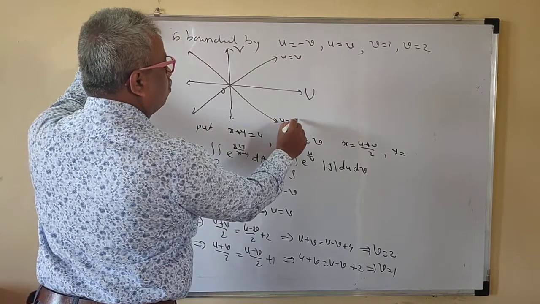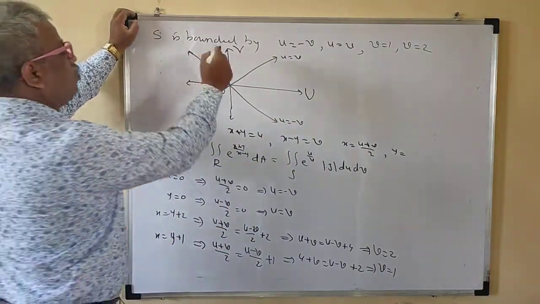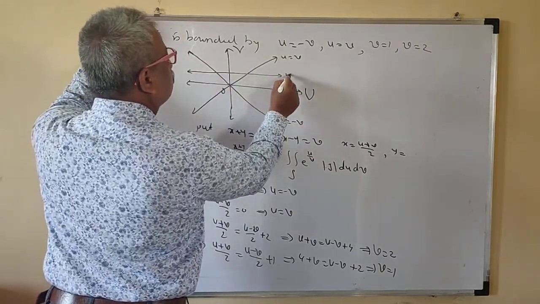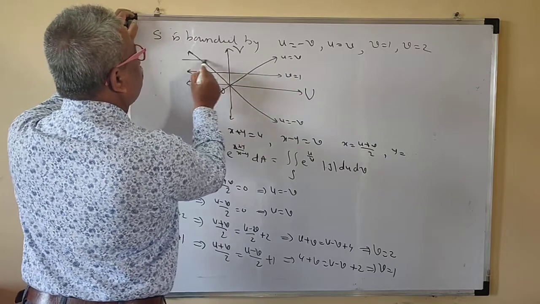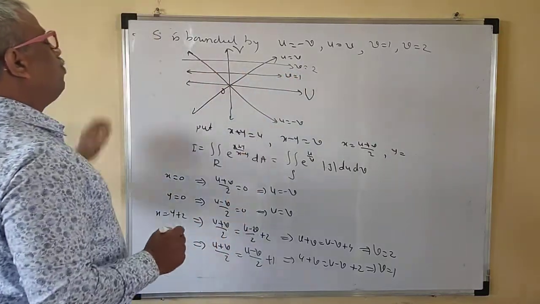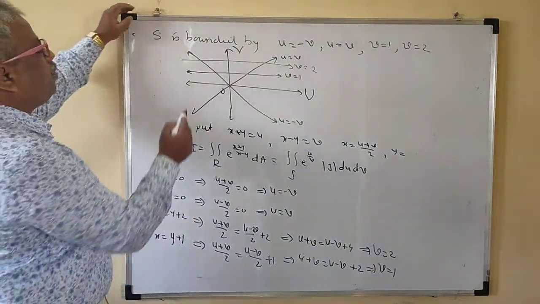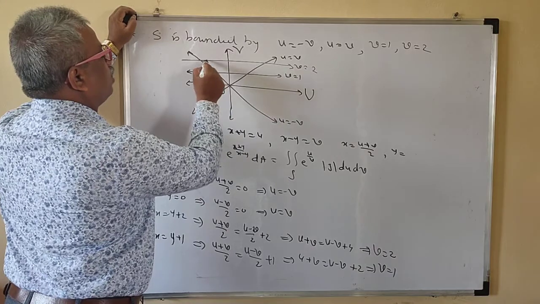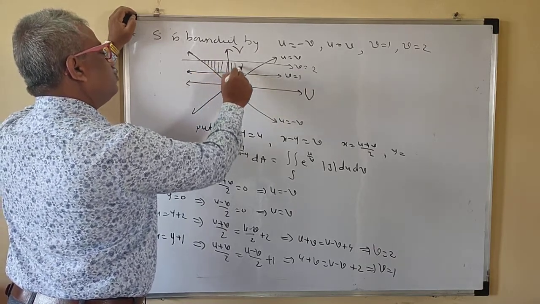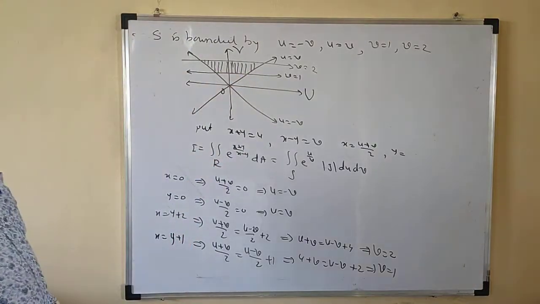Now v is equal to 1 here, and this is v is equal to 2. The region bounded by these two lines and these two lines is the required region.